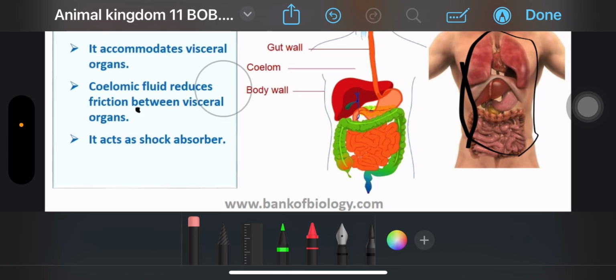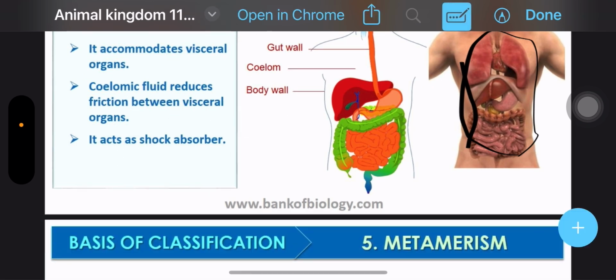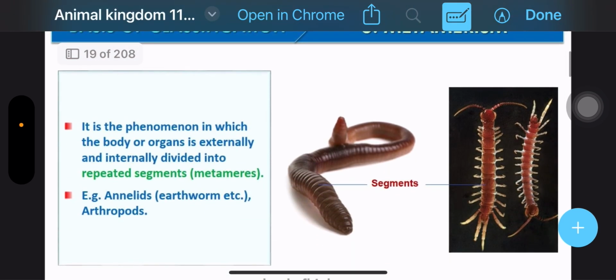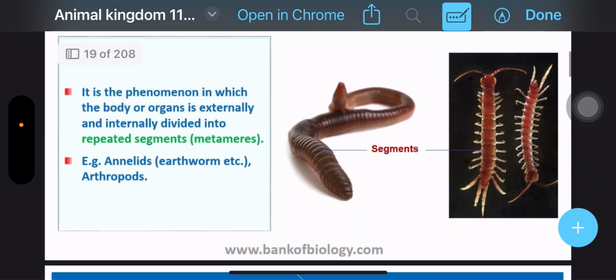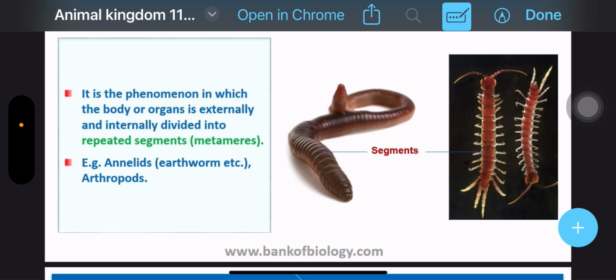Then we'll go for the next slide. Metamerism. This is the last one. Metamerism means body segmentation. This is the phenomenon in which the body organs are externally and internally divided. Externally divided in the cockroach, and externally and internally divided in the earthworm, right? Annelida and arthropods are examples.